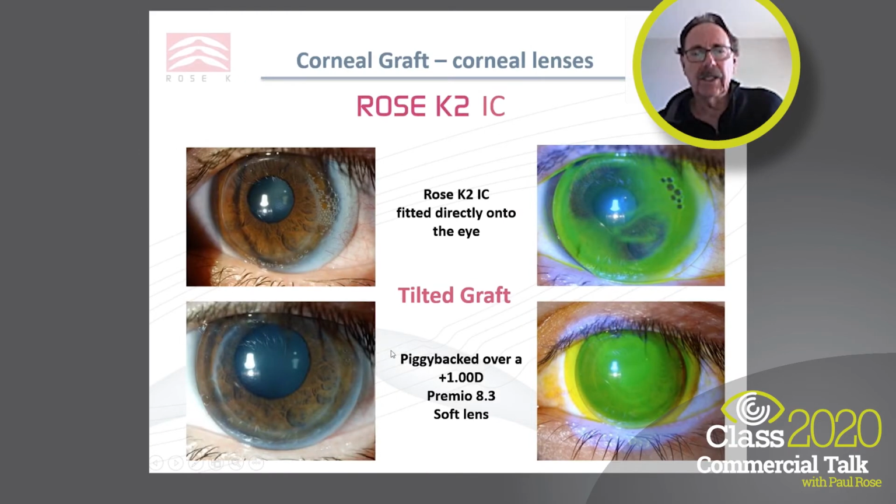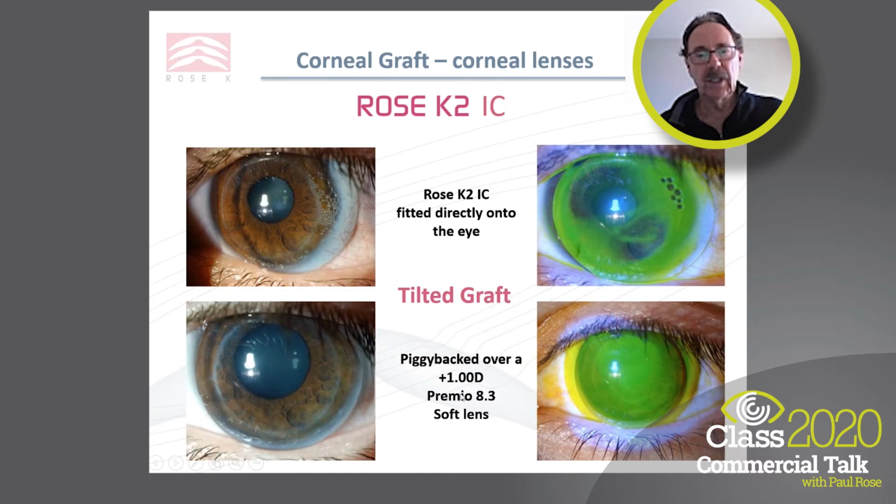This was an interesting case, presented to me by a New Zealand practitioner, where they tried to fit IC directly onto the cornea. It mislocated and they got bubbles underneath the lens. You can see the lens mislocating onto the sclera here. This was the fluorescein picture. The lens looks a little bit flat here. It's bubbling and it's certainly pushing out into the temporal portion.